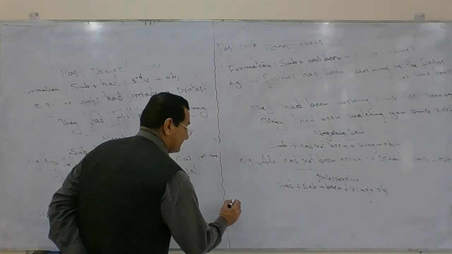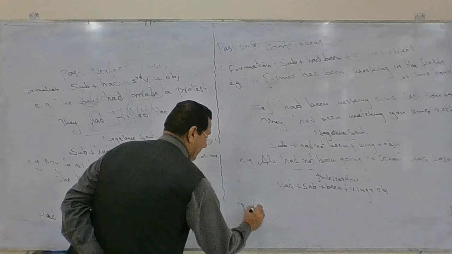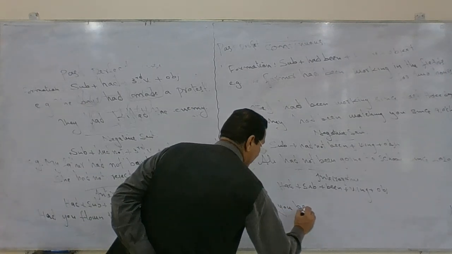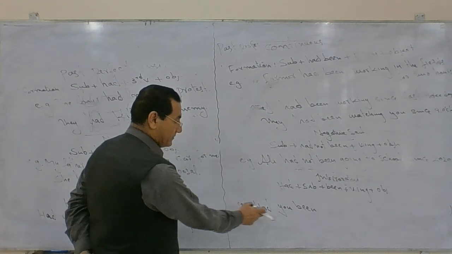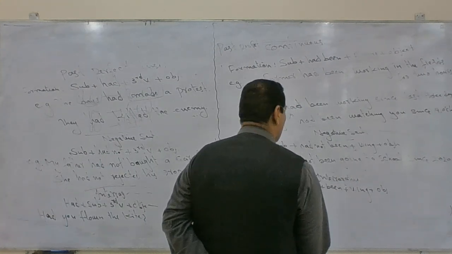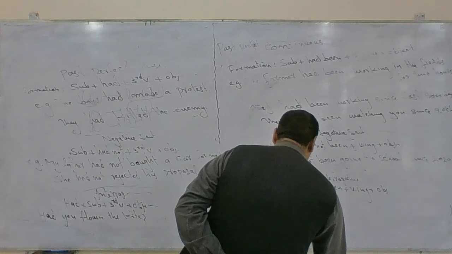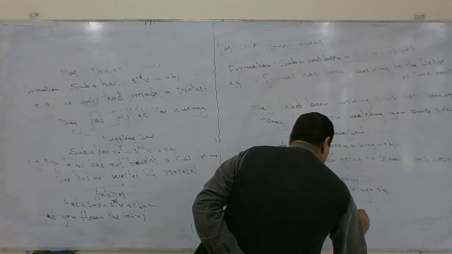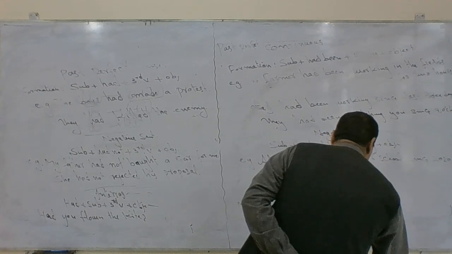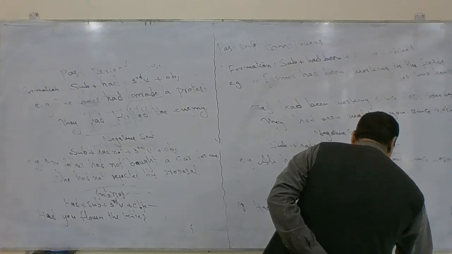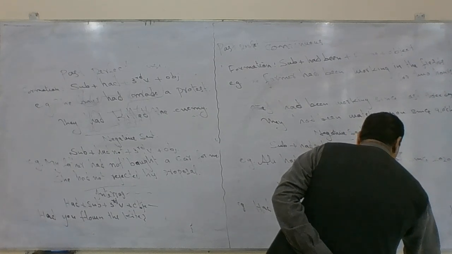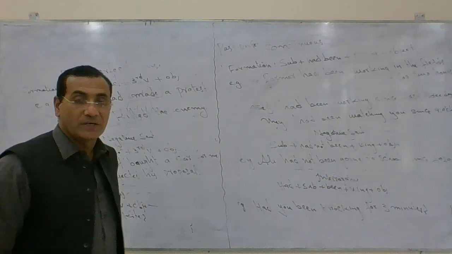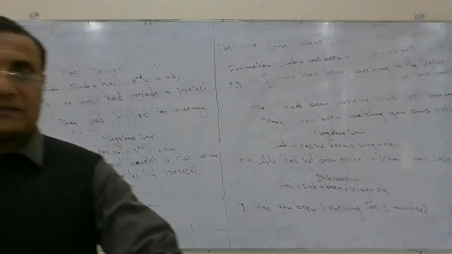For example, had you been, in the beginning there is had, the subject, be, and then the ing form of the verb. Had you been knocking for 3 minutes, and at the end there is a question mark. This is sufficient for today.